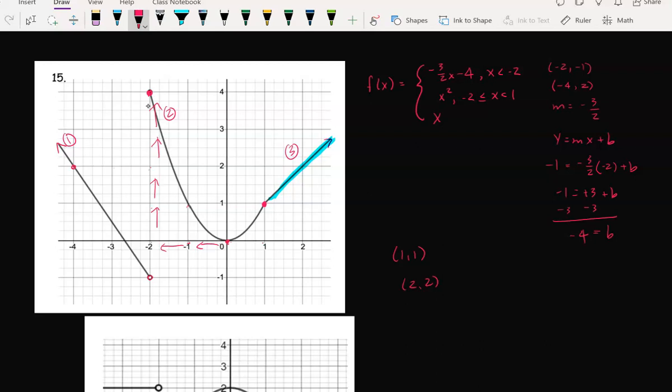Yes, it's just the parent function. Okay, and we know that x has to be greater than or equal to 1. Right? Because remember, we were going to give that x equals 1 to this linear function. There you go. Easy. Piecewise functions are fun. Yes, they are. Okay, next.